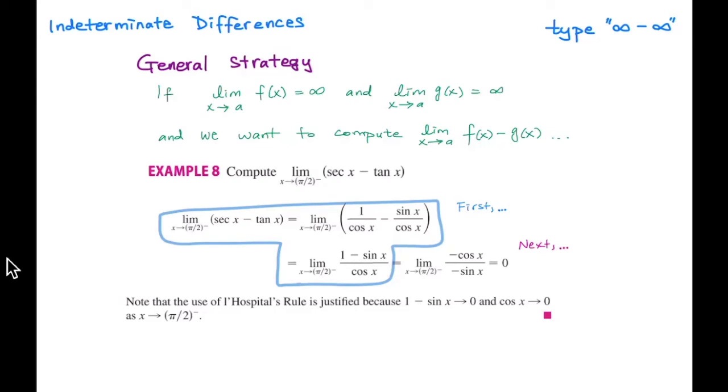But first, you have to turn the difference into a quotient, something that looks like a function over another function. And then once you do that, you would try to apply L'Hopital's rule. So it's going to be either the 0, 0 or infinity, infinity.